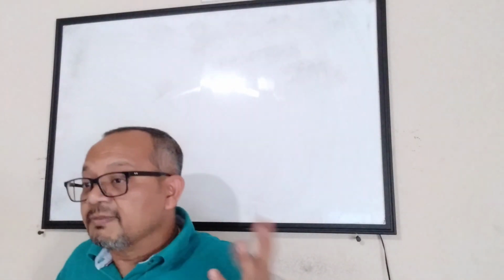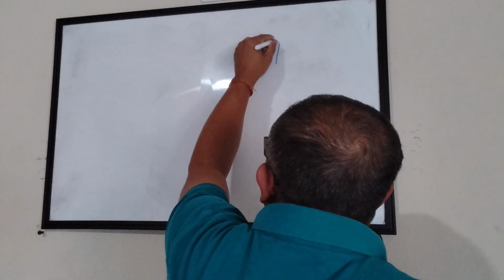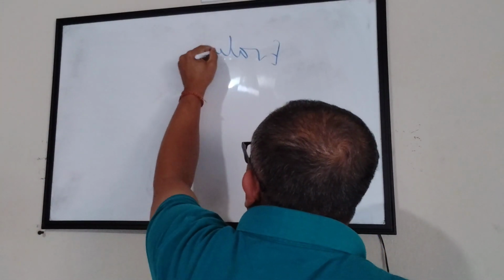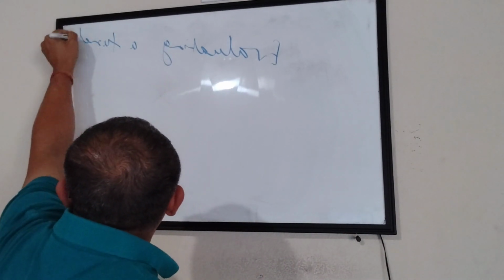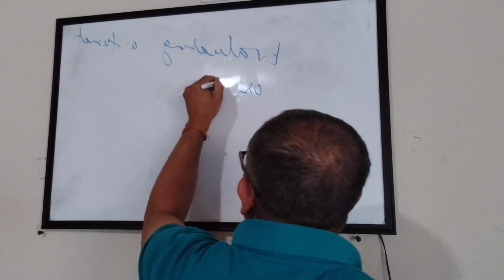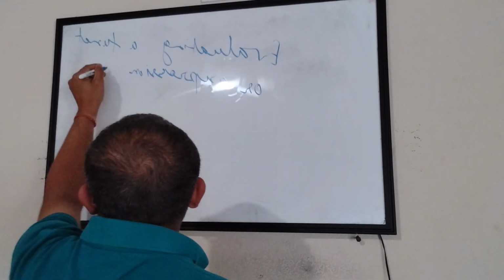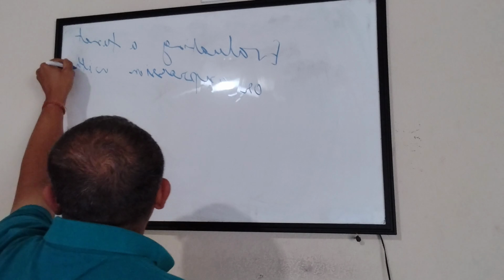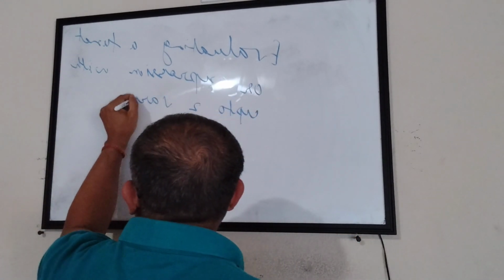Now, when you say evaluate, don't overwhelm yourself by thinking too much. Keep it simple. When you say evaluating a function or expression, I said evaluating a function or expression with up to two variables.